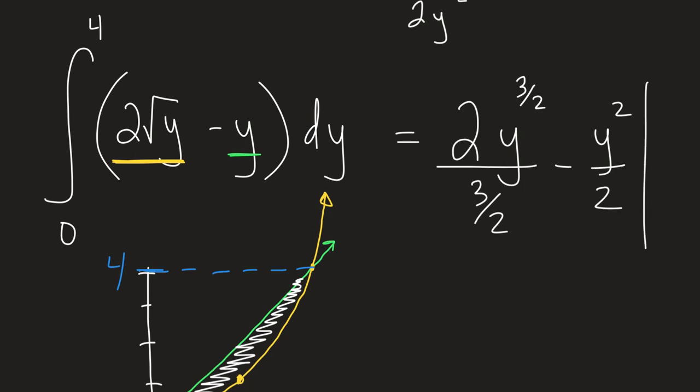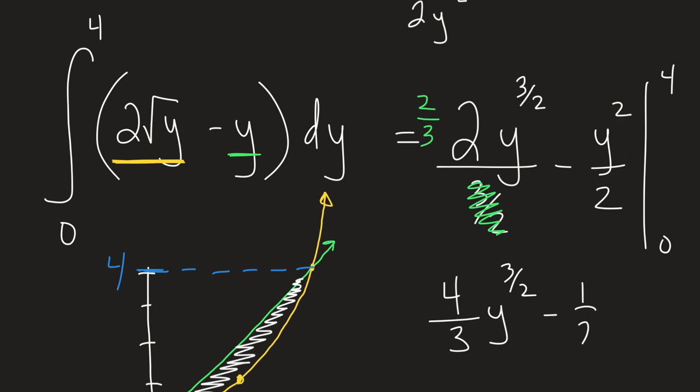We're going to evaluate this from 0 to 4. Okay, so a little bit of algebra. We multiply by the reciprocal. So division by 3/2 is the same as multiplying by 2/3. So I have 4/3 of y to the 3/2 minus, of course, 1/2 of y squared, evaluated from 4 to 0.